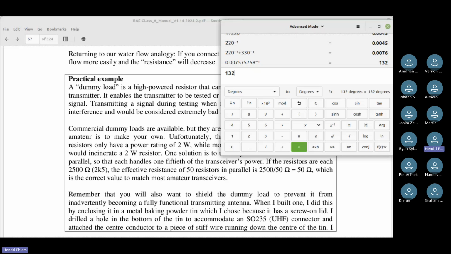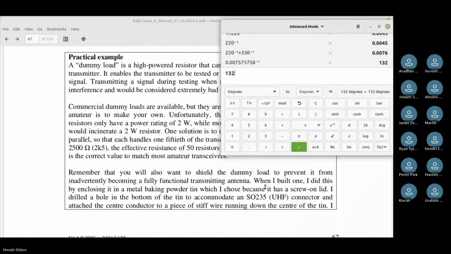So the higher the frequency, the smaller the mesh must be, because as you will see later, the higher the frequency, the smaller the wavelength, and the easier it is for the signal to get through, in this case, the fence.